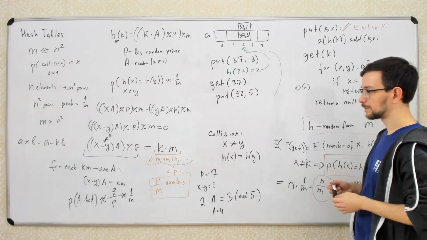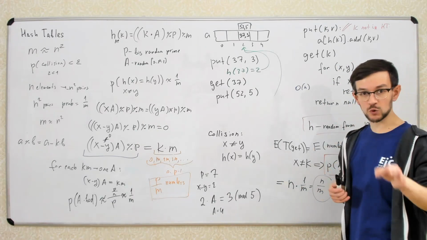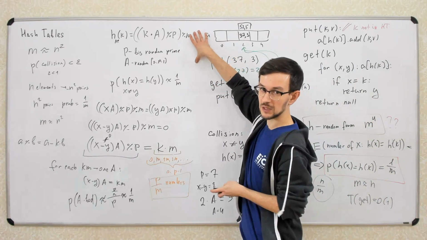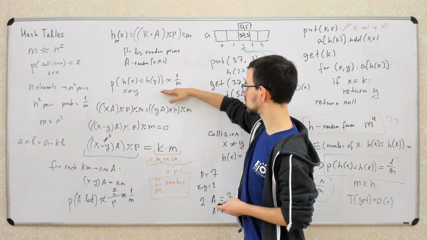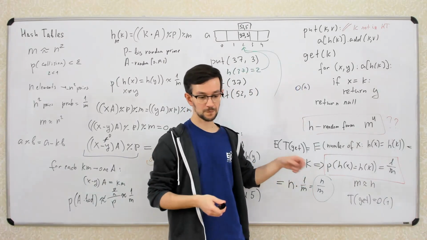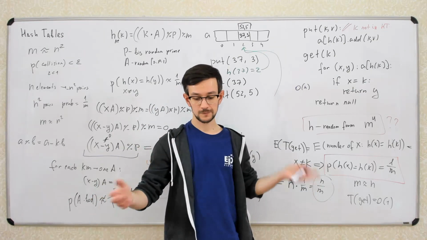That's all. We just proved that if we pick one of the random functions like this, then the probability of a collision will be about this. That's exactly what we need in this proof.